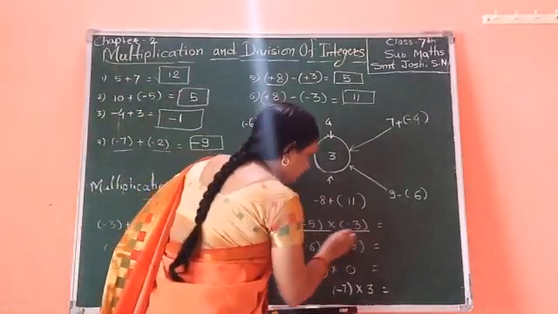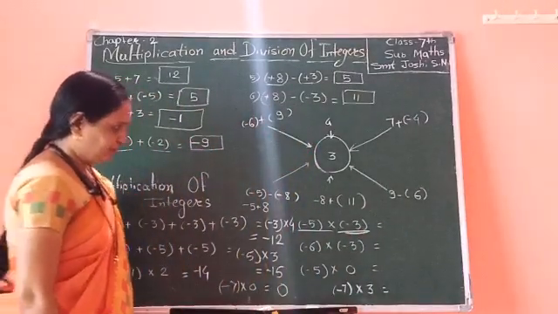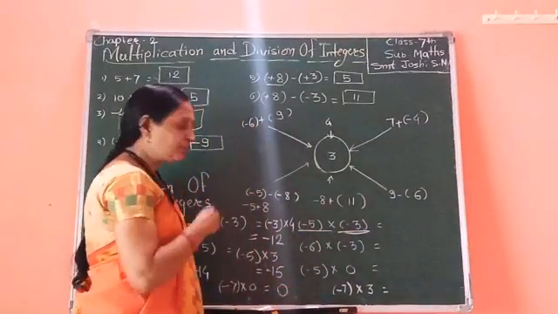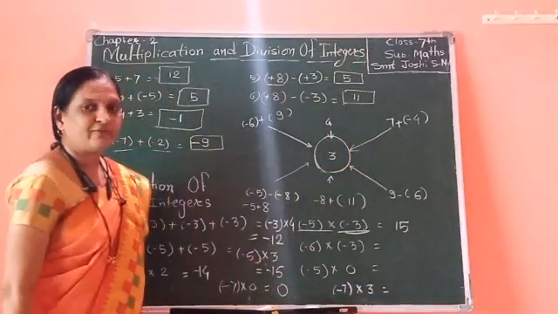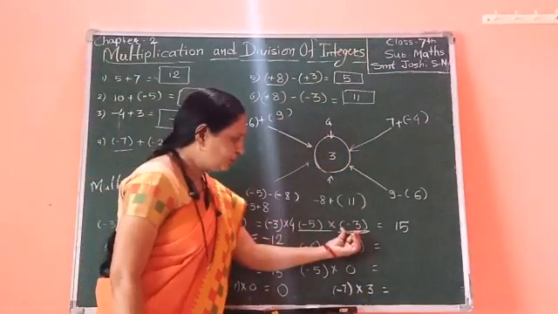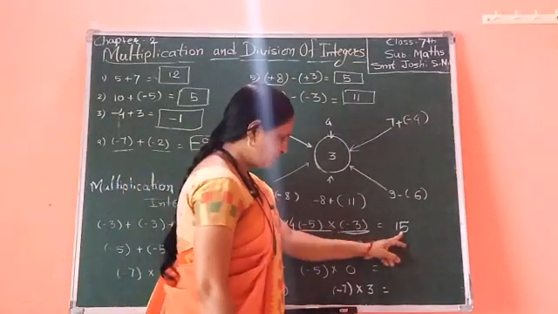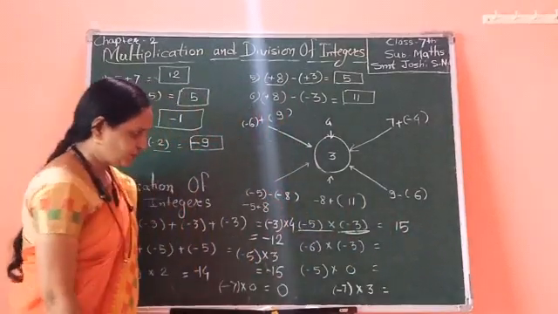Here negative 5, negative 3 means these two numbers are negative. Then the product is positive. When the given two numbers are negative, the answer is positive. 5 into 3, 15. Answer is positive.